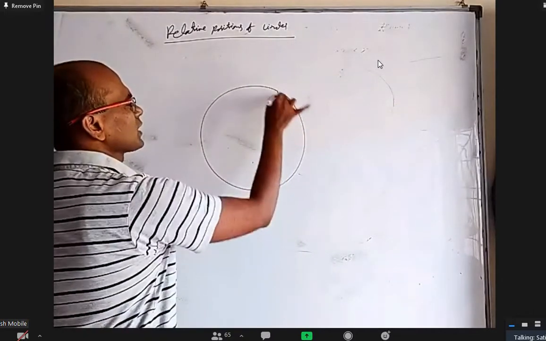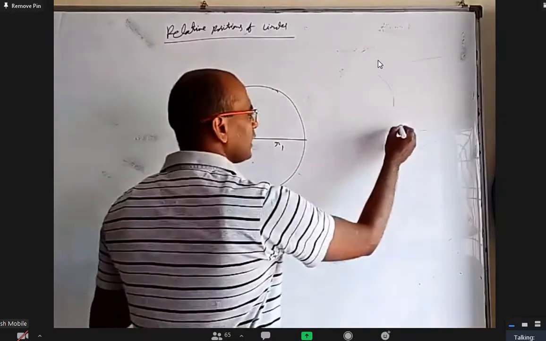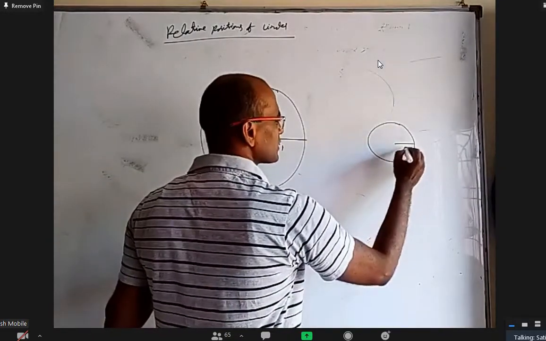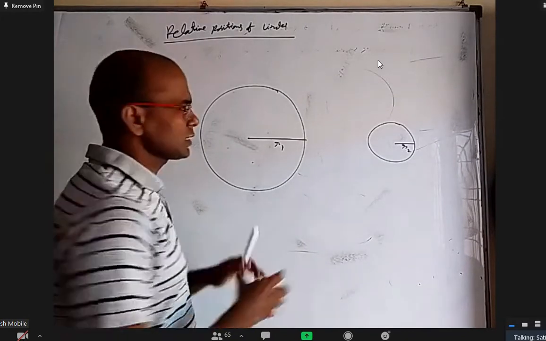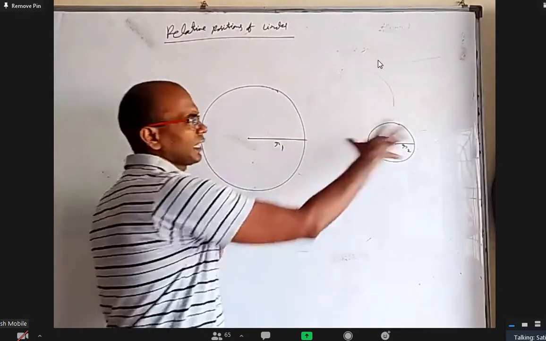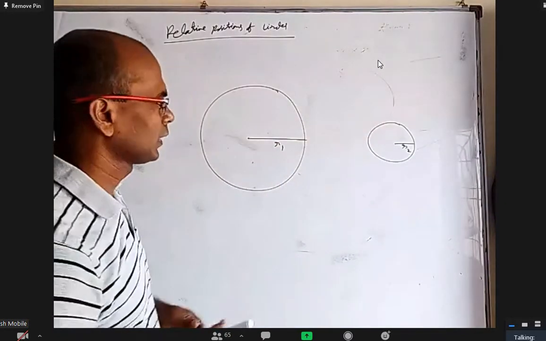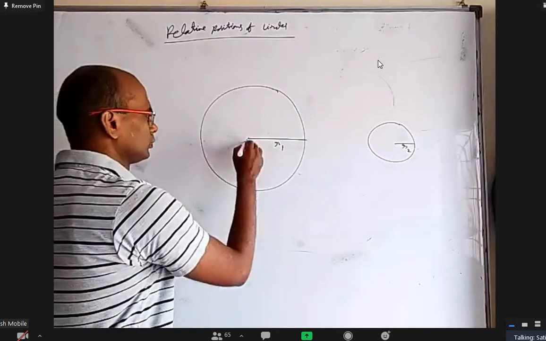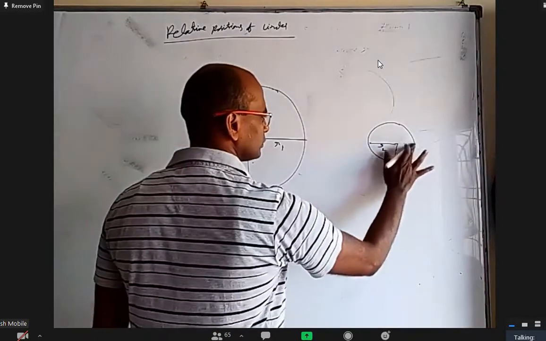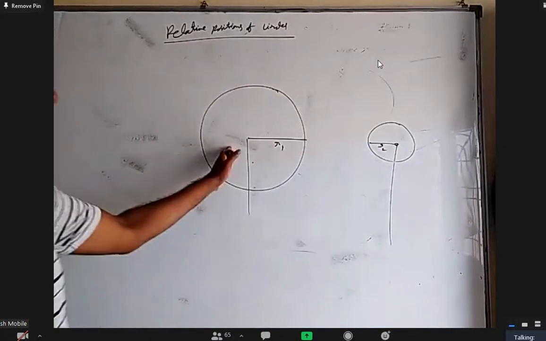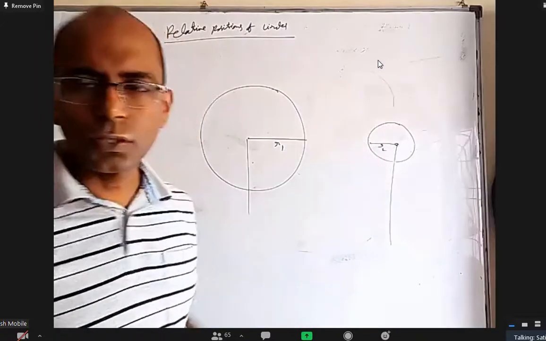Before writing, just imagine this, such a simple thing. Let us say I have a circle with radius R1, and a smaller circle with radius R2. I want to keep this circle fixed and slowly move the other circle towards it. Right now, the distance between the centers, can I say it is more than R1 plus R2?